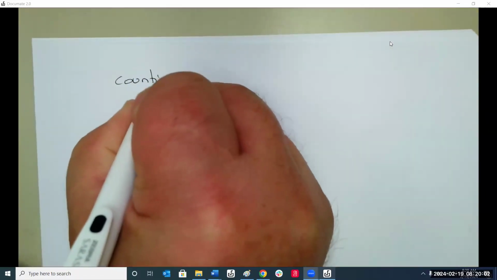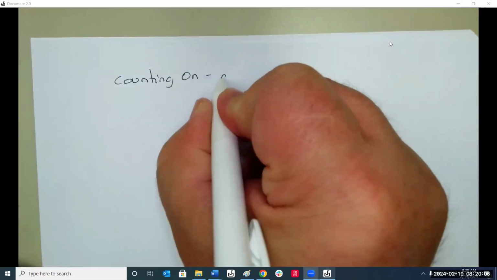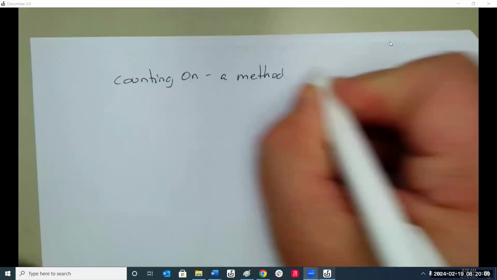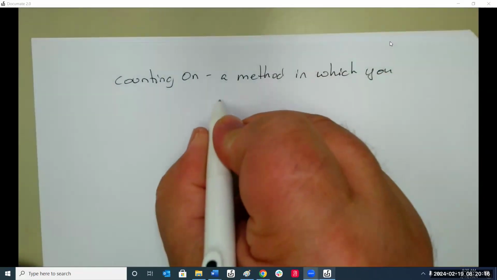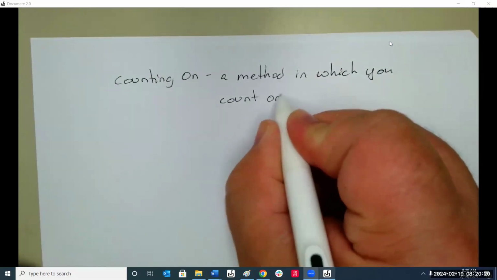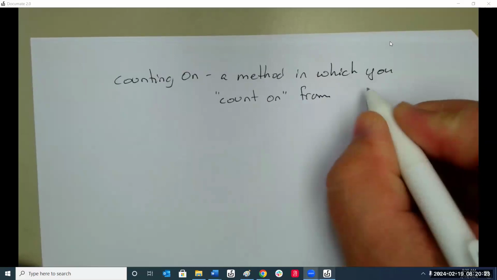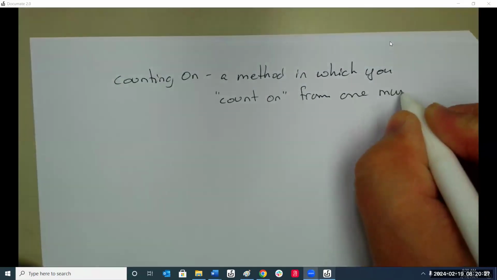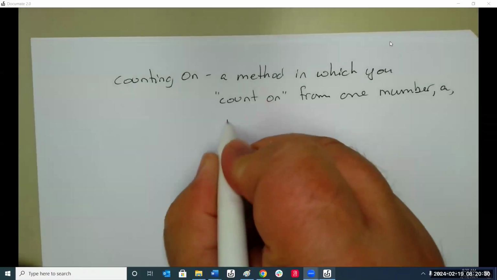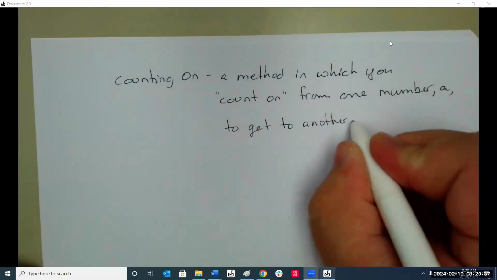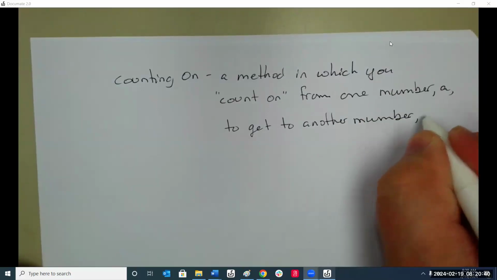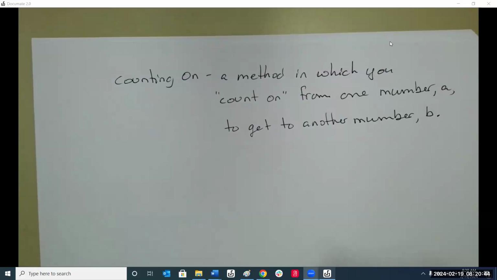Counting on is a method in which you count on from one number, called A, to get to another number. That's B. That's the count on method.